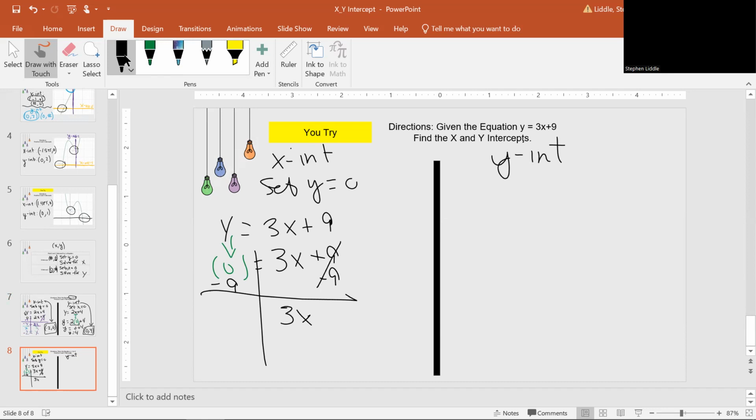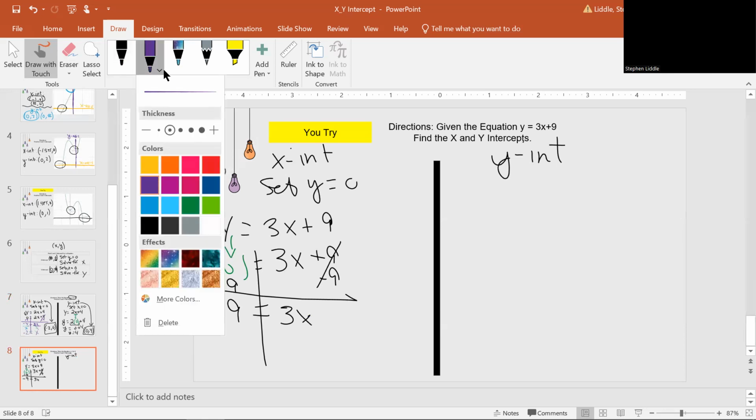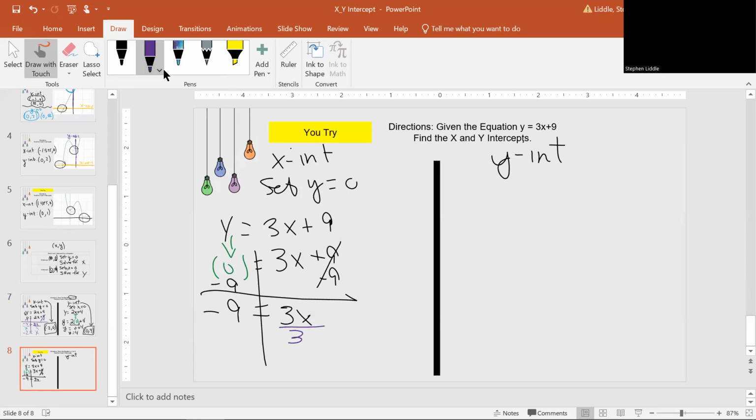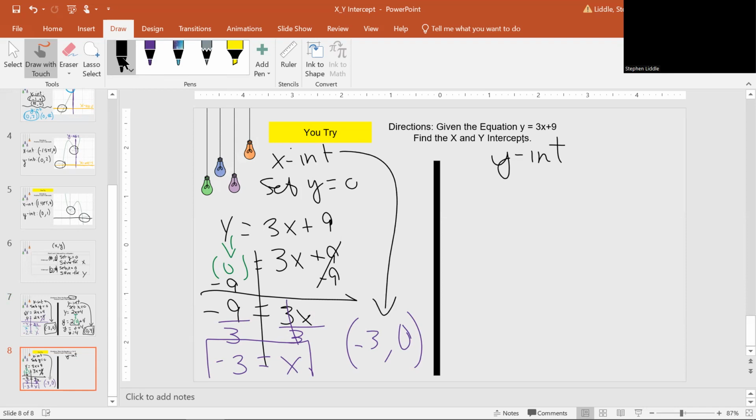These cancel. So 3x is equal to -9. And then divide by 3 on both sides. So x equals -3. Again, we need to put this into a coordinate point. So we will have -3, 0. And that is our x-intercept.